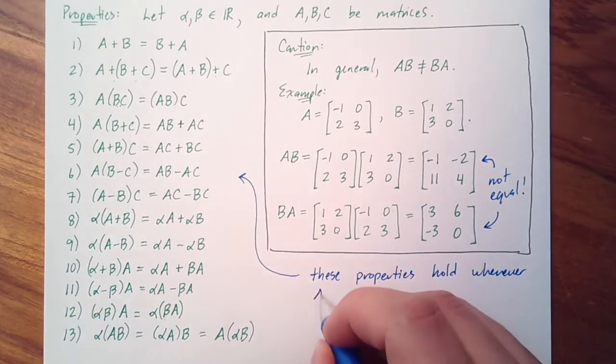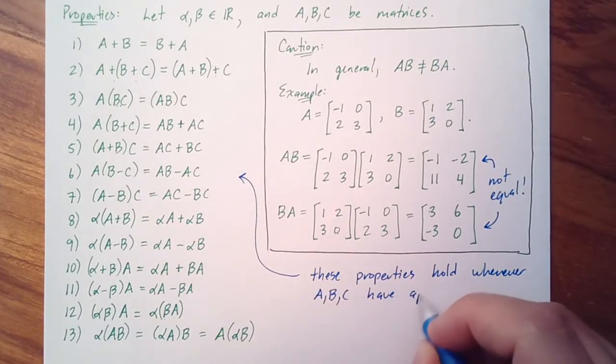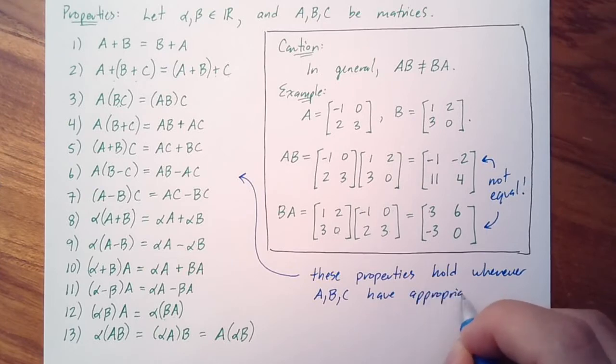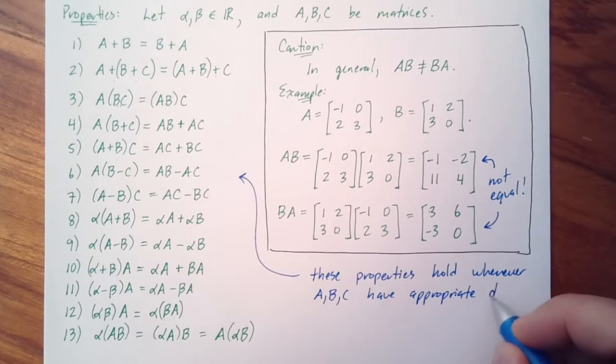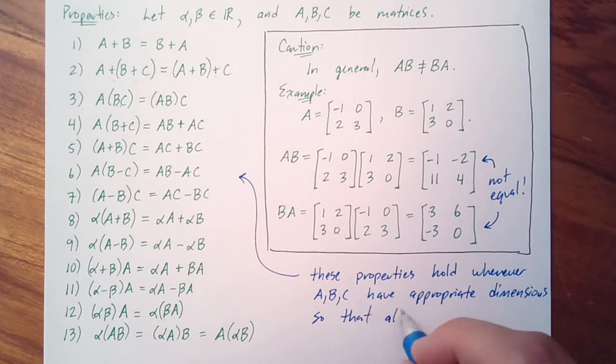So whenever A, B, and C have appropriate dimensions, so that all operations are defined. That's really what we mean.